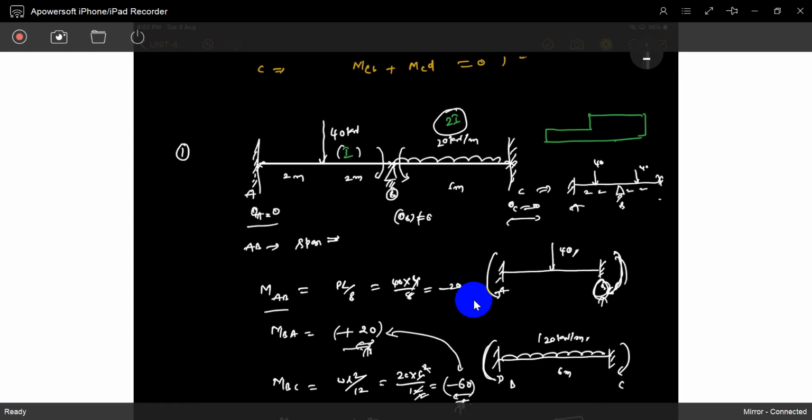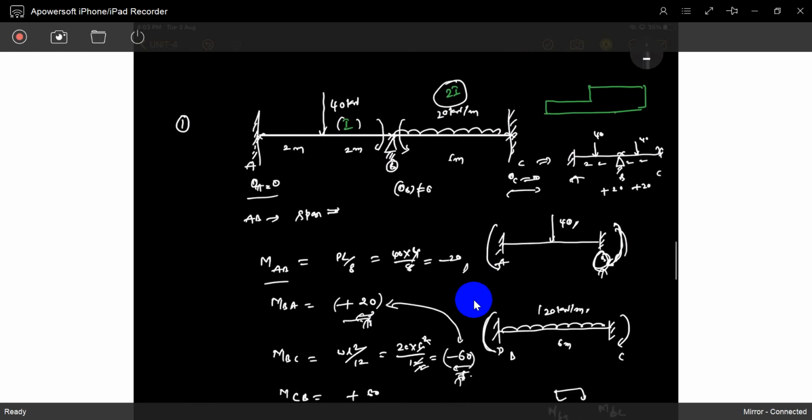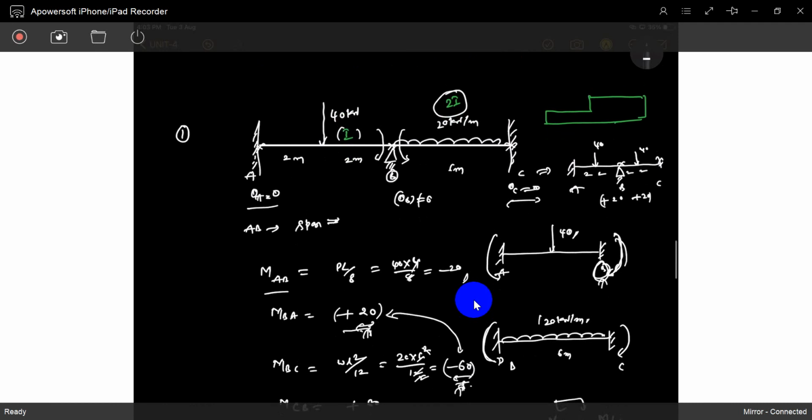For the BA span and BC span, exactly identical loading is there, so B doesn't experience any rotation. There is no rotation. It experienced minus 20, and it experienced plus 20. Same for this also, 20. Both are equal, which means no rotation is required.